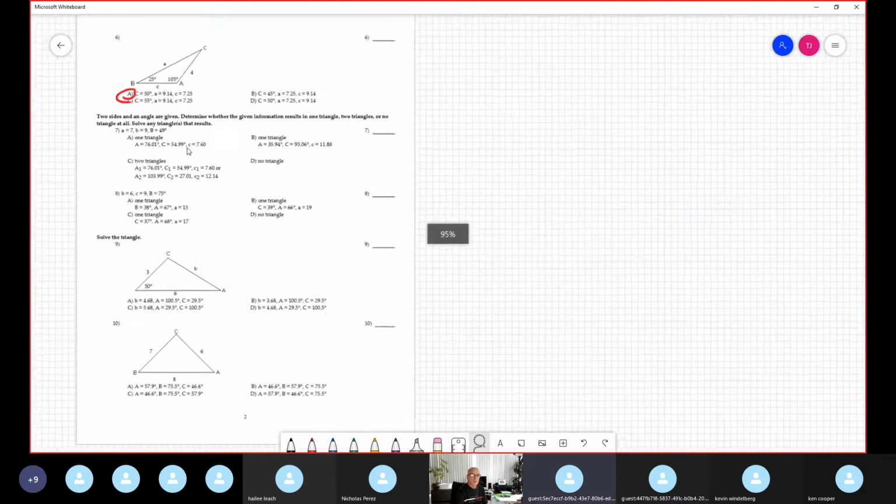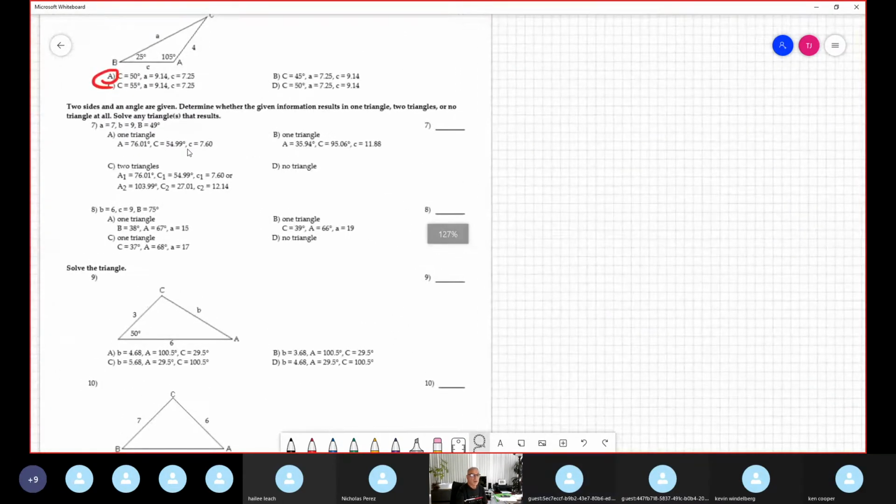We see. Professor, now we have two sides and one angle. So problems 7 and 8 are a classical side-side-angle. And you need to know by memory that side-side-angle is ambiguous because sometimes we have two triangles, or one, or no triangle.